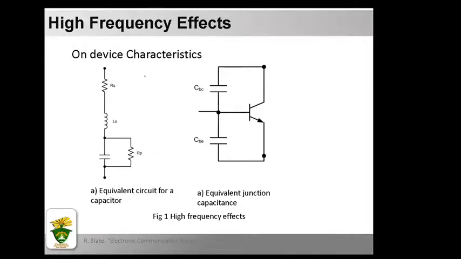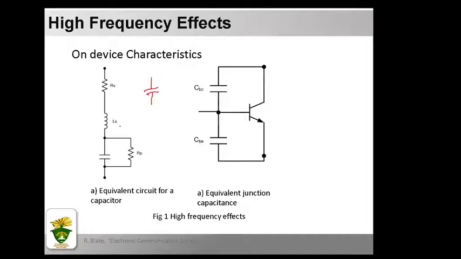A capacitor, for instance, so if we have this capacitor, will exhibit inductance and resistance as well as capacitance. It can be represented by this equivalent circuit here. The series inductive component Ls is mainly due to the leads.